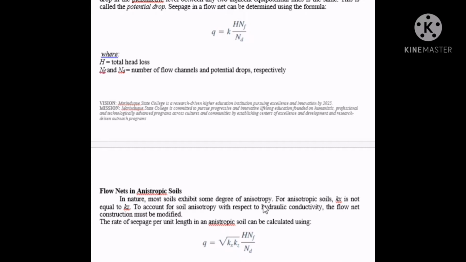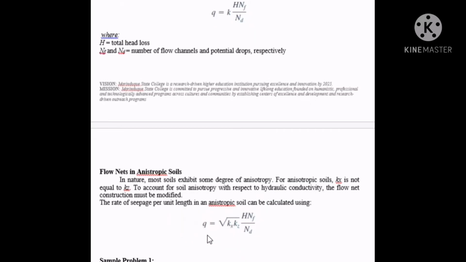So magkaiba yung Kx natin and Kz. To account for soil anisotropy with respect to hydraulic conductivity, the flow net construction must be modified. So the rate of seepage per unit length in anisotropic soil can be calculated using Q equals square root of Kx multiplied by Kz multiplied by H NF over ND.